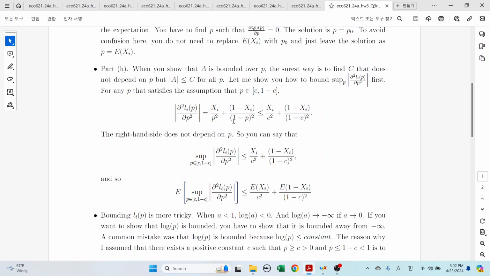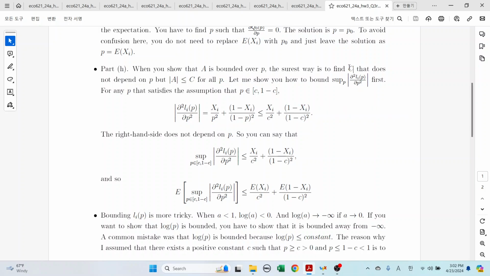So I believe it should be straightforward. Okay, and then the right hand side, this is what we want. The right hand side is independent of P. P disappeared. So originally we started from a function of P, the second derivative of P, but in the end, the right hand side, we bounded using something that does not depend on P, right?